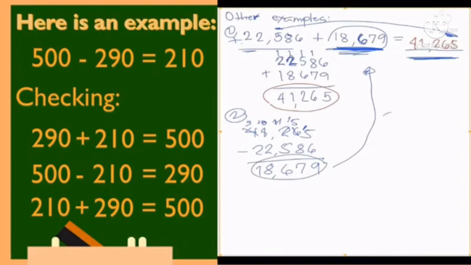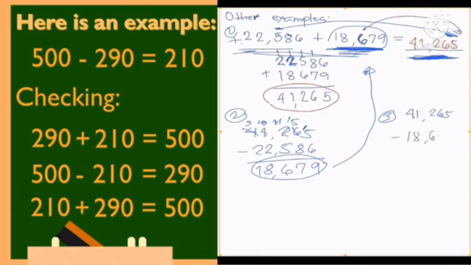How about our third equation? Let us find the third equation. I will again use the answer here and one of the numbers here. I will use this one and this one. Alright? So we have here 41,265 minus, again, if this number will go here, it will become minus.